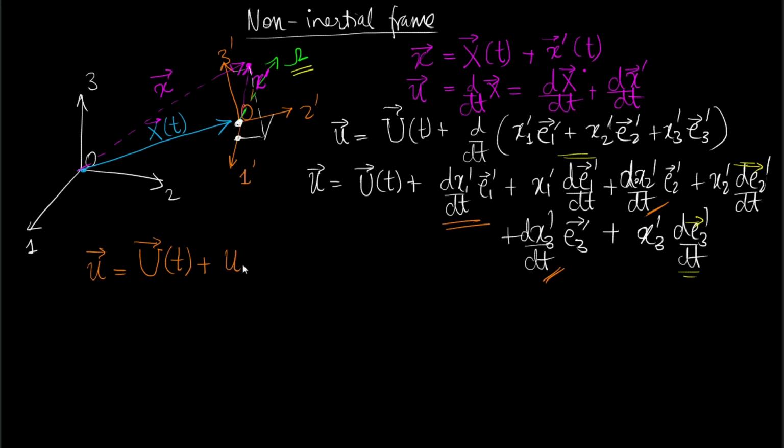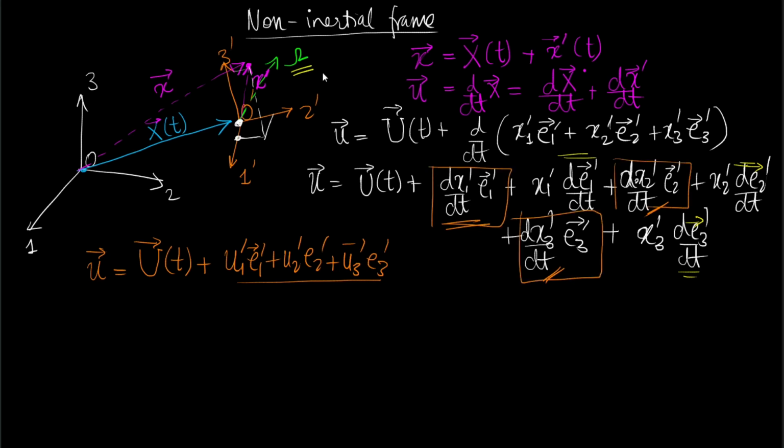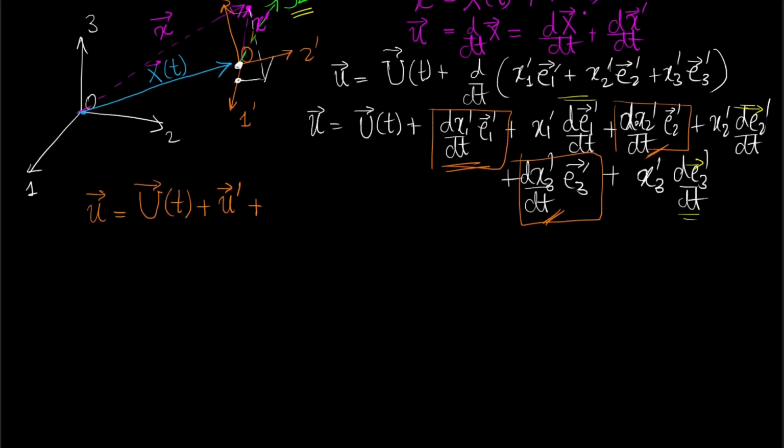So it will be u1 prime e1 prime plus u2 prime e2 prime plus u3 prime e3 prime, plus the other terms, but we can combine these terms and write it as a vector velocity as seen from the non-inertial frame. So this will be u prime plus the derivative terms. Now, let us try to analyze what the derivative terms will be.